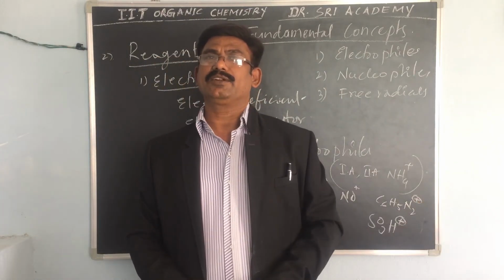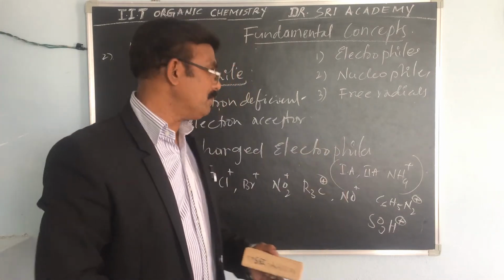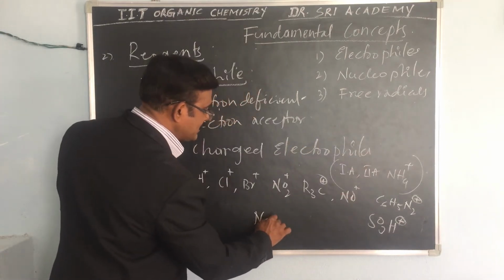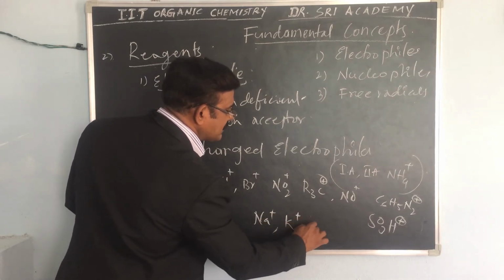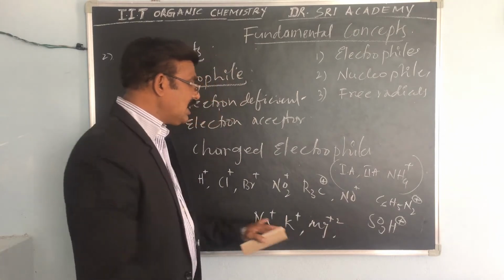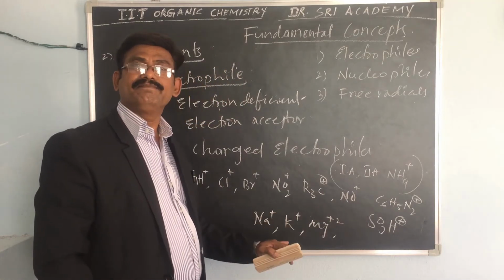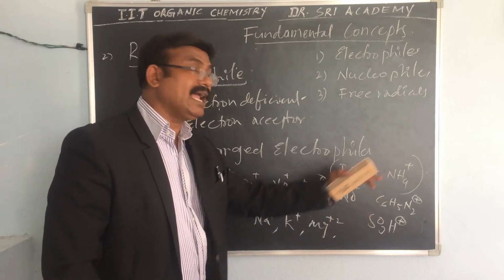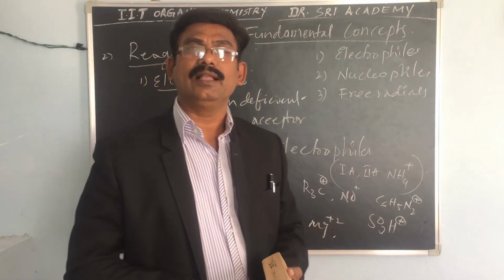All are charged electrophiles. But always remember that first group elements like sodium plus, potassium plus, and second group ions like magnesium plus are not electrophiles. And ammonium cations are not electrophiles.